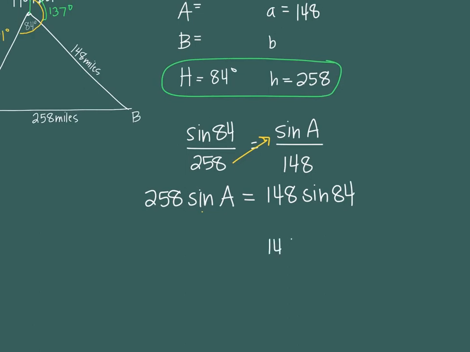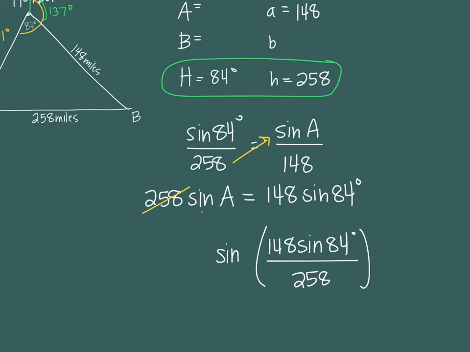So I'll have 148 sine 84 divided by 258. And so that gets rid of the 258, but it doesn't get rid of the sine. So I also need to do sine inverse. Now A will be alone, and I will have sine inverse. I'll be able to find the value of A.